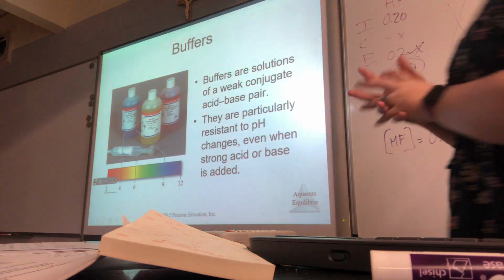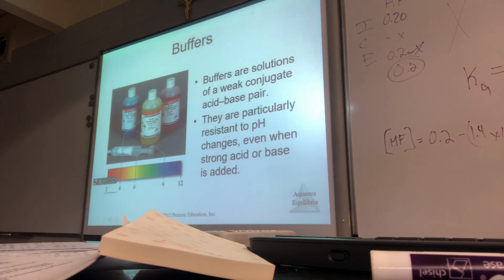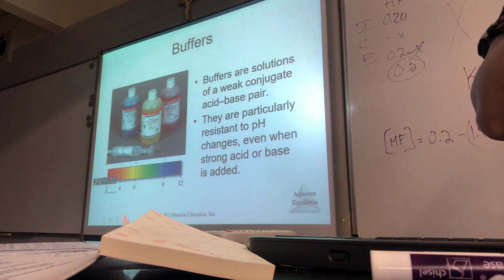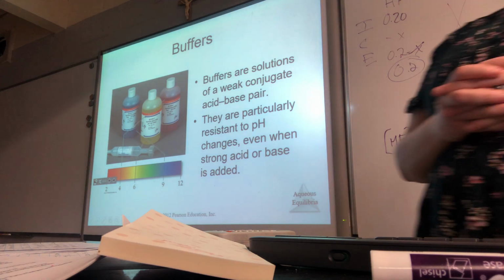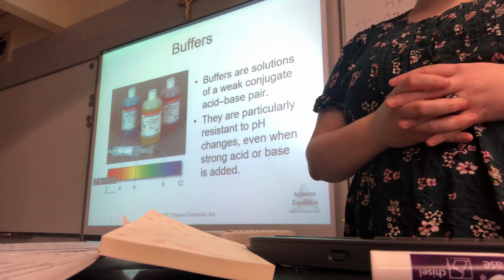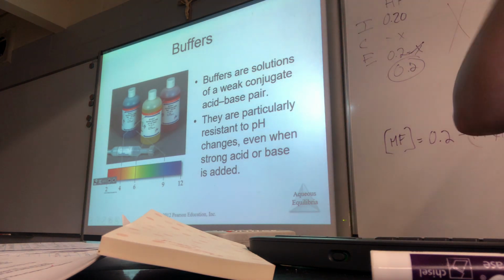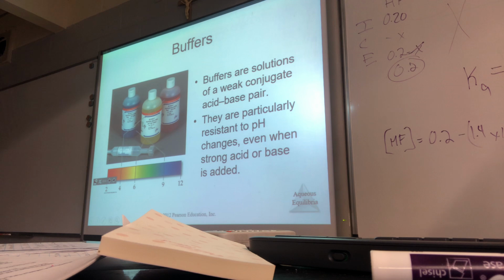These consist of a weak conjugate acid-base pair. They're very good at resisting pH changes over a very specific range. Once you get out of that range, buffers lose their ability to do what they were designed to do.